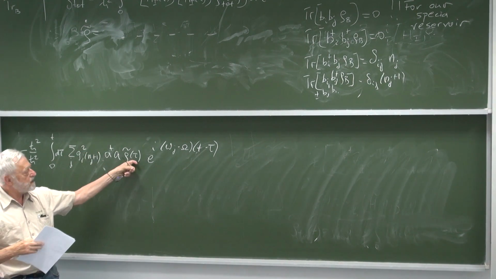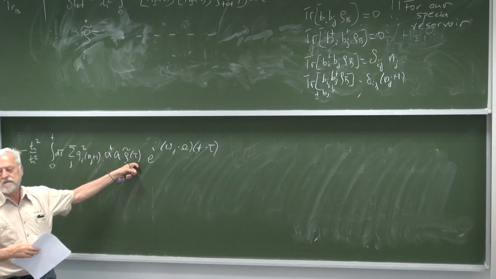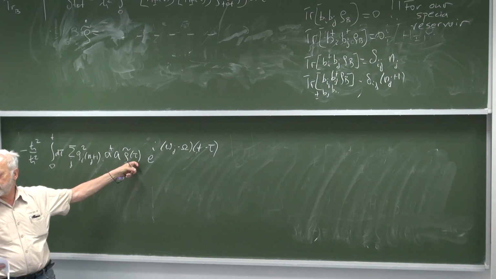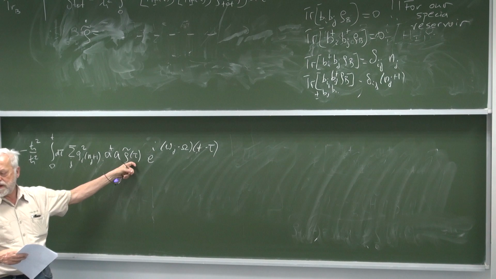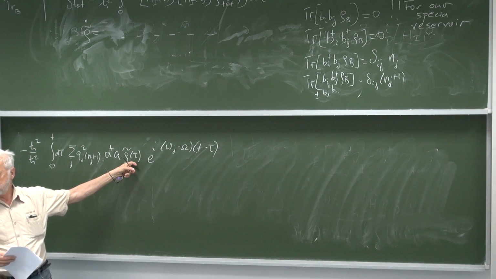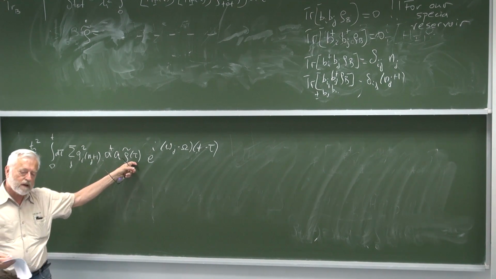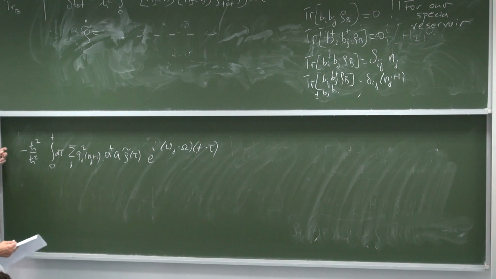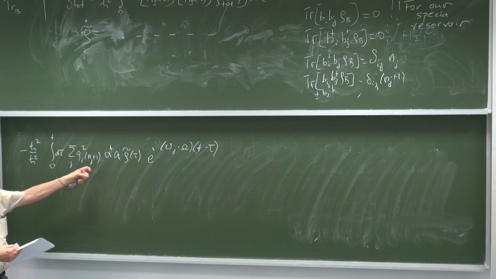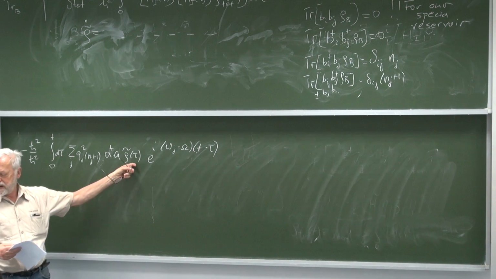The fact that there is this tau here and not some particular function of t is called a memory effect, because the changes at present depend on the situation of the past. Yes, so it's a memory effect.